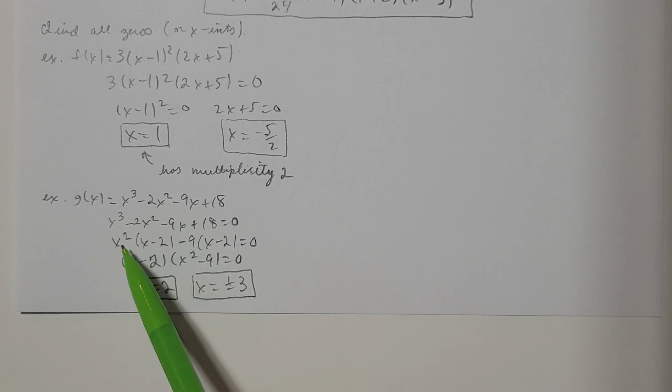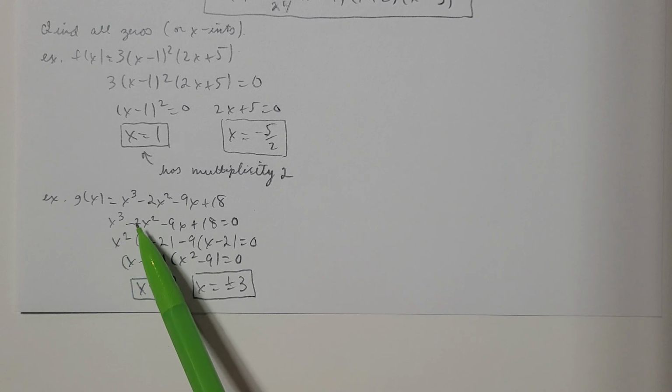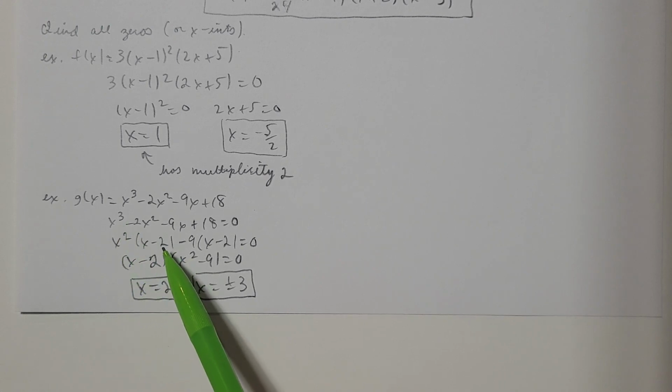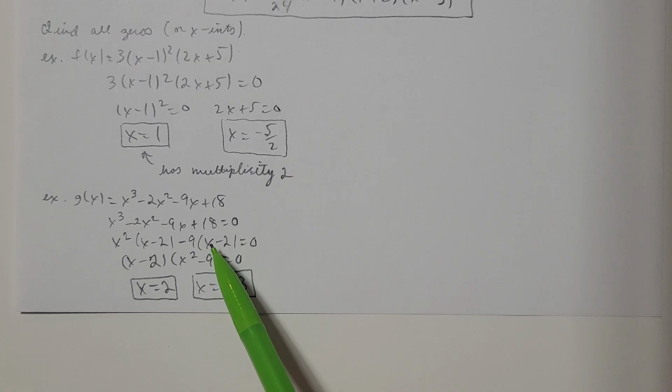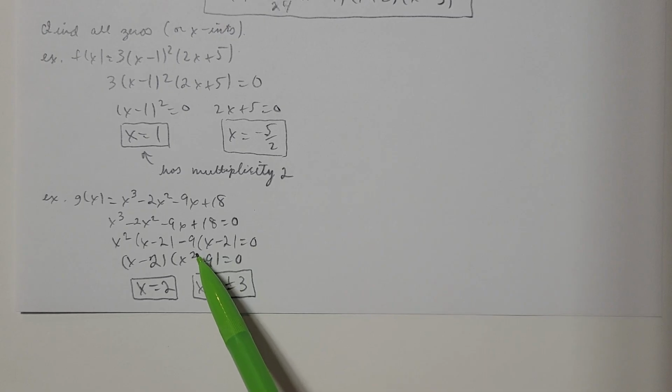Okay, so let me go ahead and bring out an x squared out of group 1. That would leave me with x minus 2. Now, to have the factor by grouping method work, I'll need another x minus 2 coming from group 2. If I can't get that, then this method's no good. Okay, and then I have to figure out another way to solve for x.